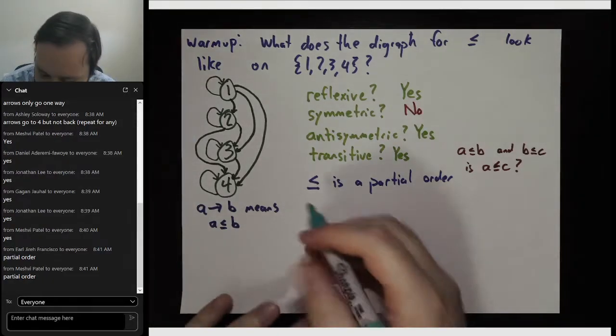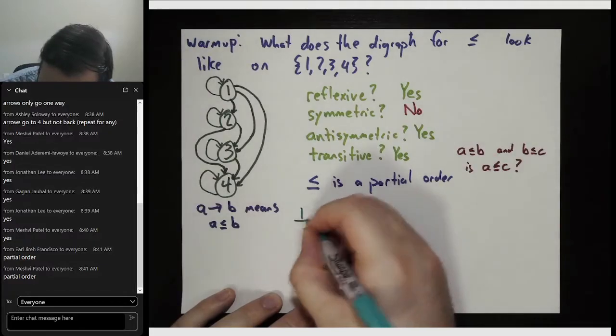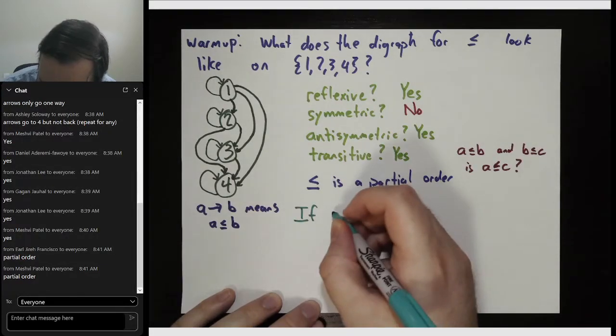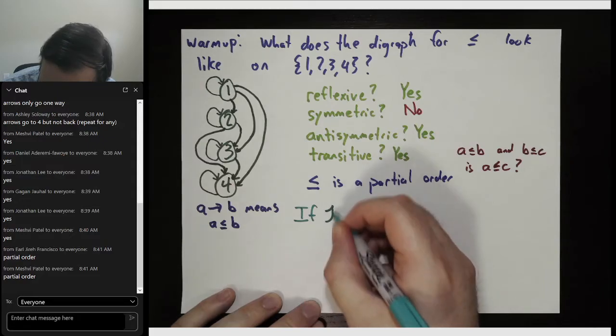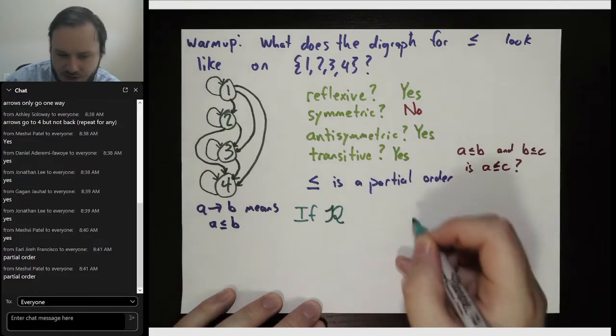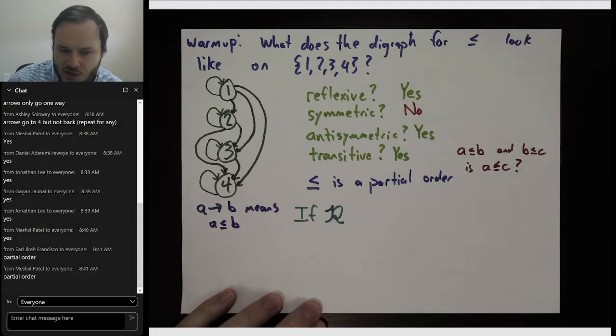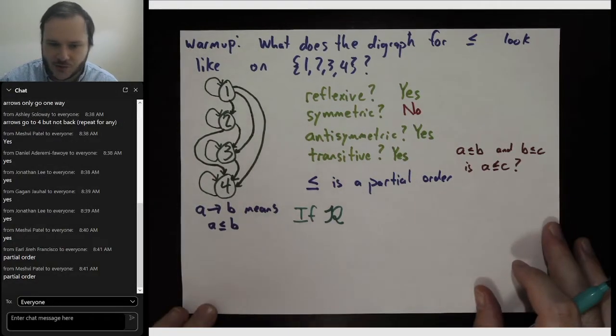So if fancy R, I'm going to try and do this once, sort of like the R that we can use when we're typesetting things. A little bit harder to do with Sharpie.